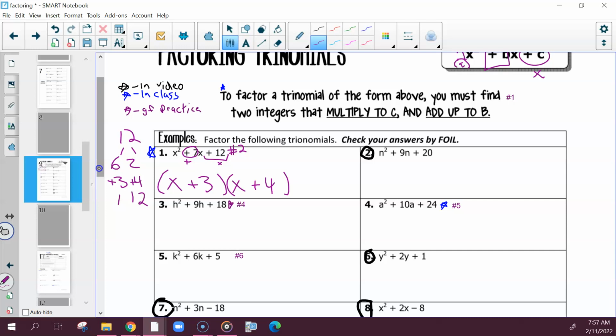Just like when we were doing our difference of squares, to check to make sure this works, we could distribute this back out. So we're going to do that. x times x would give me x squared. x times 4 would give me 4x. 3 times x would give me 3x. 3 times 4 would give me 12.